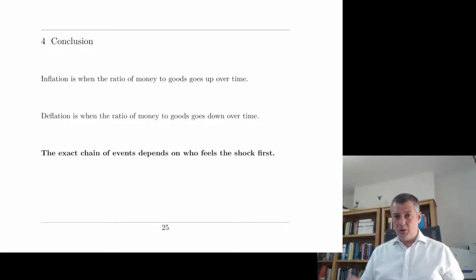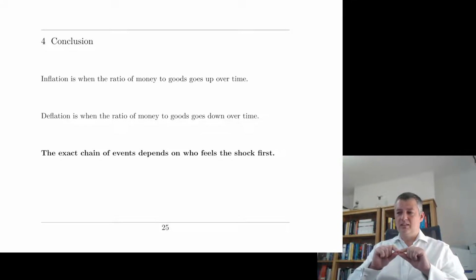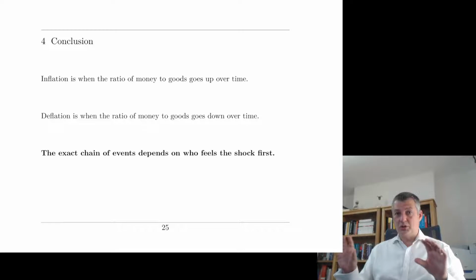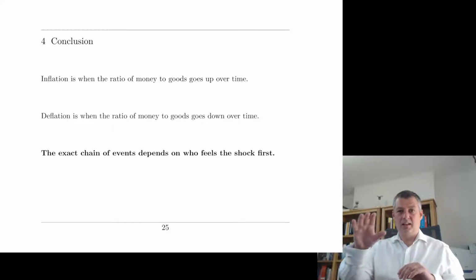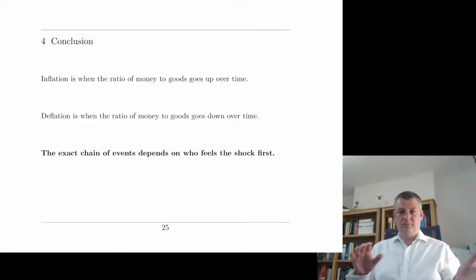But probably most importantly, the exact chain of events here, the chain of shocks that we see. Ben finds a lot of money, gives a lot of it to John. John buys more stuff from Anne and from Tom, and moving forward in time, Anne and Tom spend more money as well.